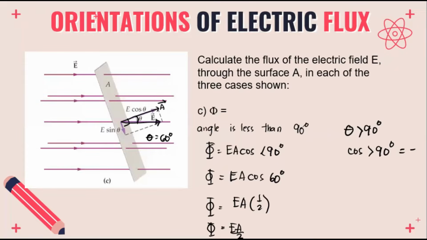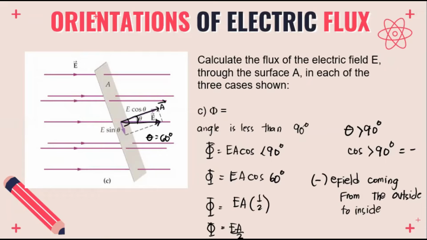So, if negative ang electric flux natin, the electric field, the E field is coming from the outside to inside. So what does this mean?